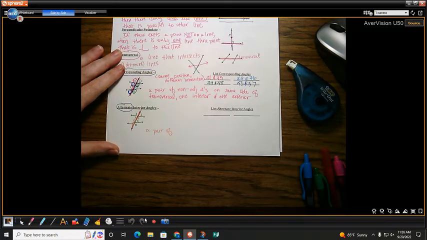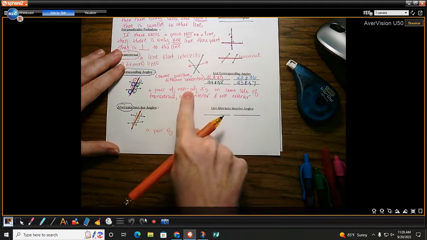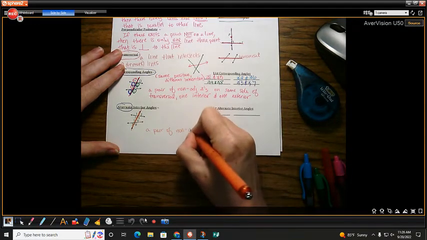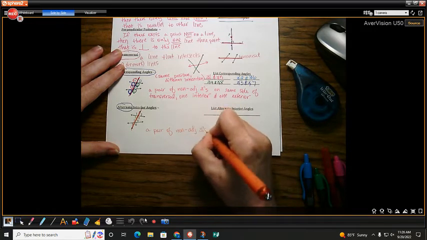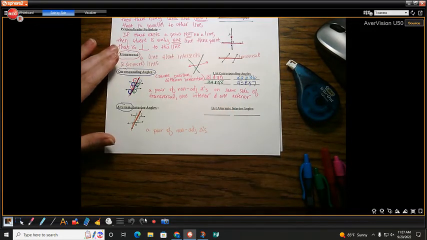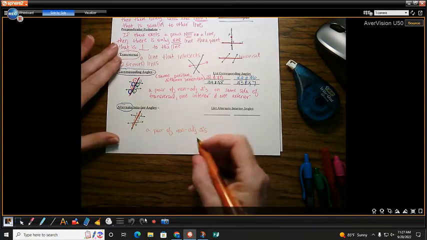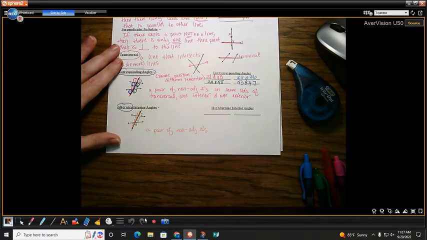What kind of angles? Non-adjacent. They're not going to be adjacent. Because if they're adjacent, they already are going to have a relationship. They're going to be a linear pair. So we're talking about the ones that aren't adjacent, so they can get their own relationships. So a pair of non-adjacent angles.